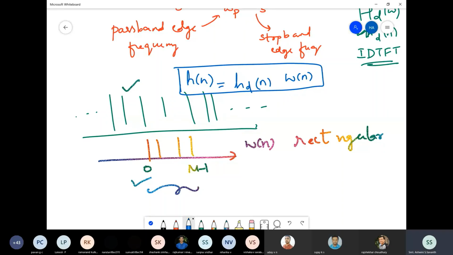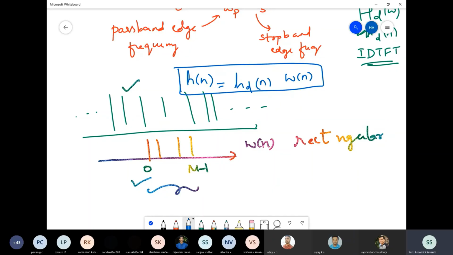So you could ask, won't there be any problems if you just pick out these samples and leave out the remaining? Yes, there are problems, and the ripples which we obtain in the passband and the stopband are partially because of this reason, because we are truncating the values. The HD of n values could be gradually going down to 0 at some point, but we are truncating them suddenly to 0 and m minus 1.